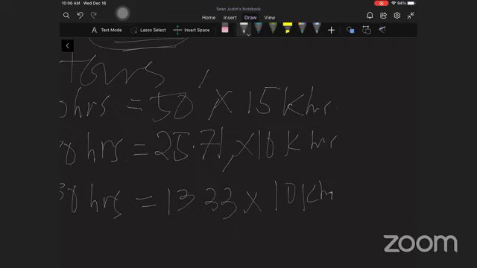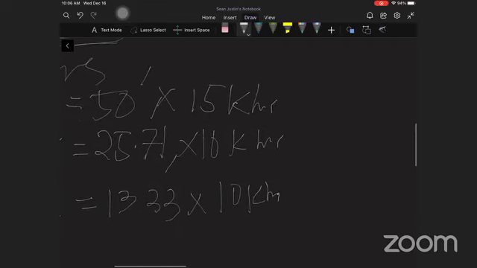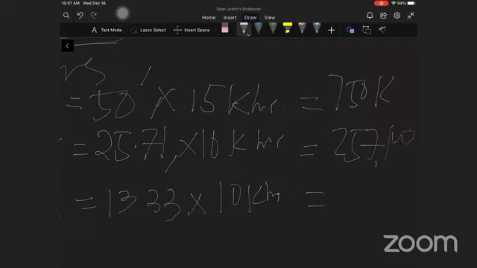Okay. Therefore, pilay depreciation ni machine A? That's 50 times 15,000 hours, okay, that is 750,000. For machine B, that's 25.71 times 10,000 hours, that's 257,100.